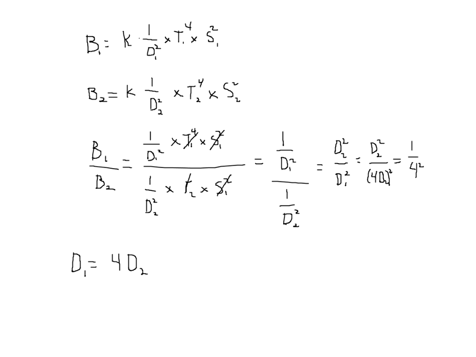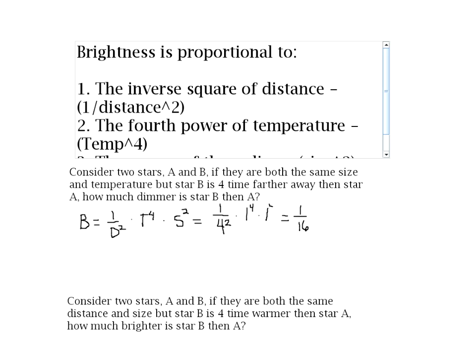That's what you're actually doing, but instead of going through this process every time, all we really have to remember is that the relative brightness is just 1 over the distance squared times the temperature to the 4th times the size squared. I could show, using the cancellation of the ratio, that this is going to work, okay?